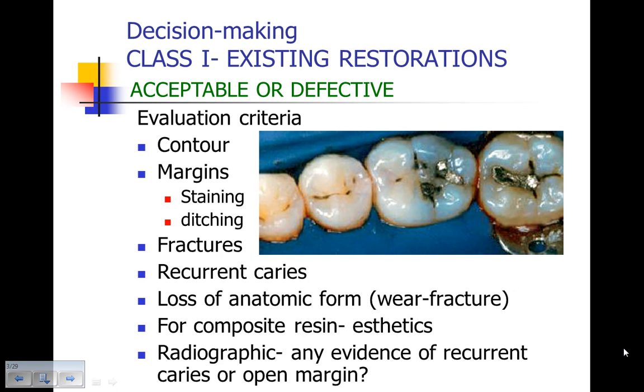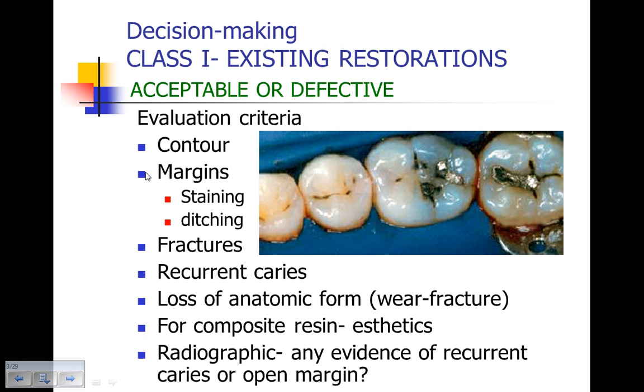And so when we look at a restoration, how it's functioning, how it's maintaining health, we're looking at a variety of different things. We're looking at the contour of the restoration, and certainly its anatomic form. Every restoration has cavosurface margins that we've marginated through our carving, through our finishing and polishing, and we're looking for the acceptability of those margins.